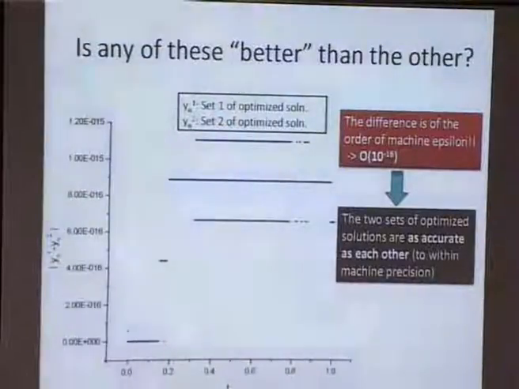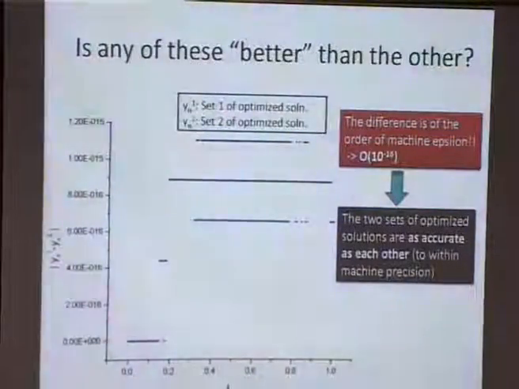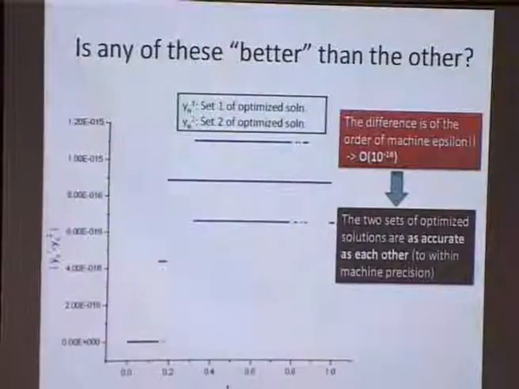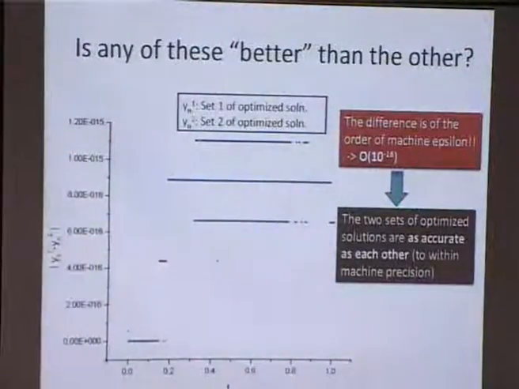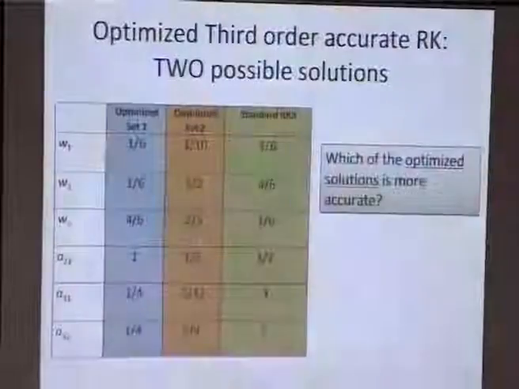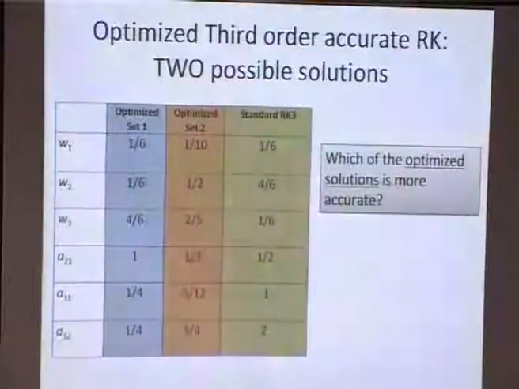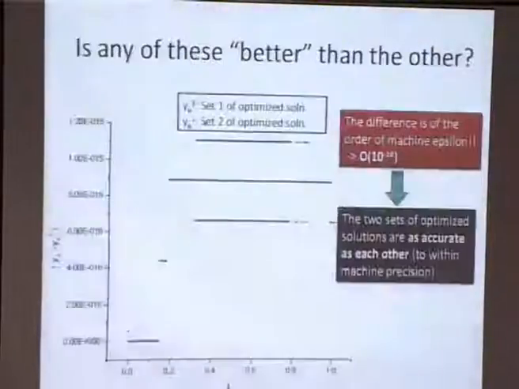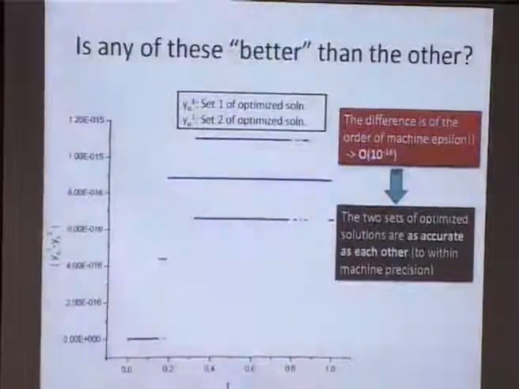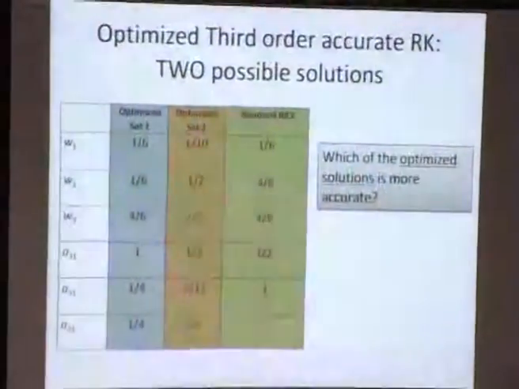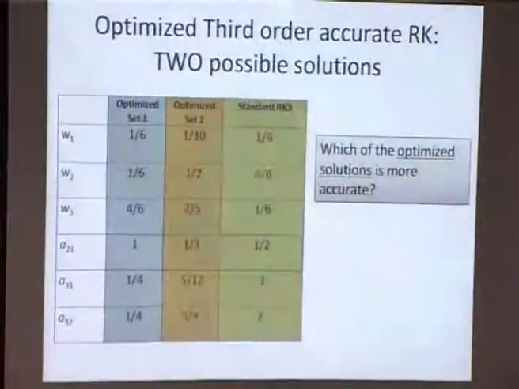So what I've done here is I've plotted the absolute value of the difference of yn1 and yn2, where yn1 is the numerical solution obtained from the first set of solutions, that is w1 equals 1/6 and so on, and yn2 is the numerical solution obtained from the second set of constants, which is 1 by 10, 1 by 2, 2 by 5 and so on.